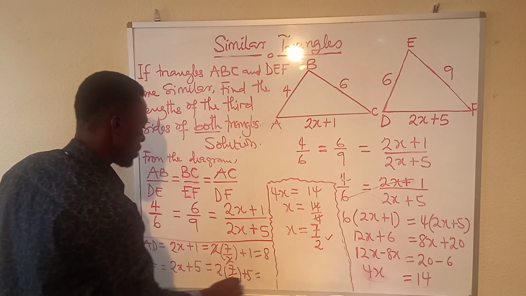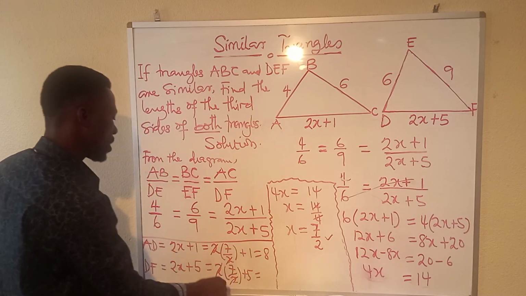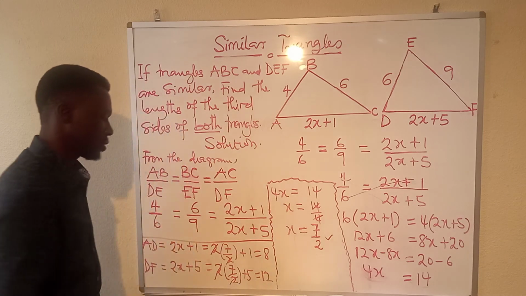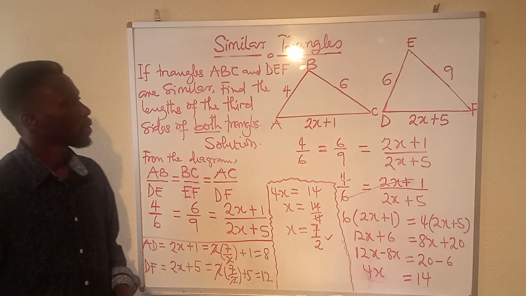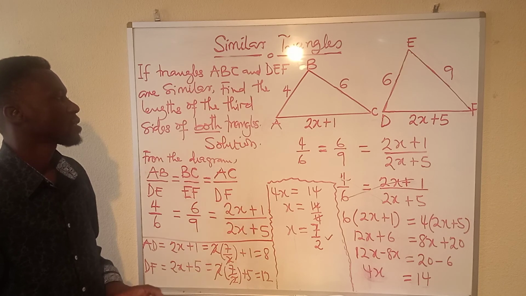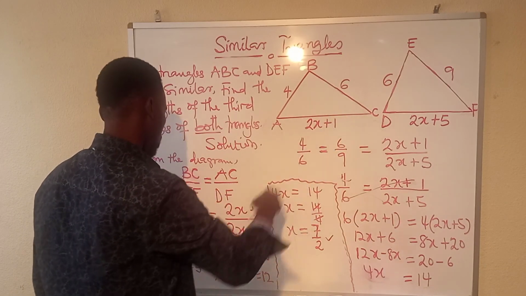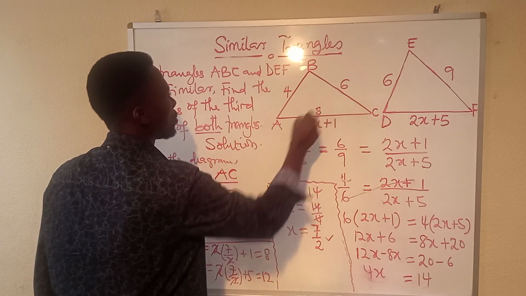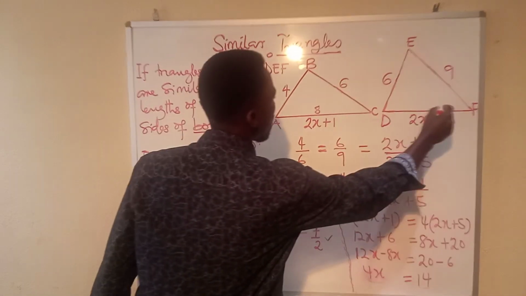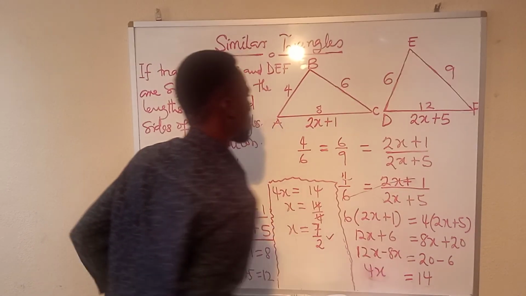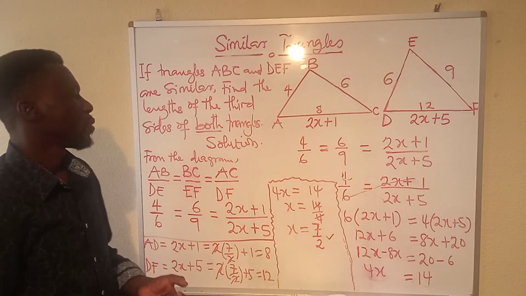The 2 cancels 2, we have 7 plus 5, and that gives us 12 units. So we conclude by saying that the side AD will give us 8 units, and the side DF will give us 12 units.